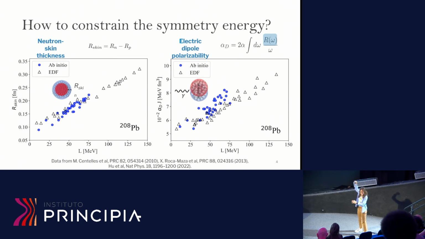I could zoom in on this picture. And if I remove the ab initio calculation, it's actually pretty good from the EDF side. But it's also there for the ab initio calculation, they're just more compressed. I see. Yes.